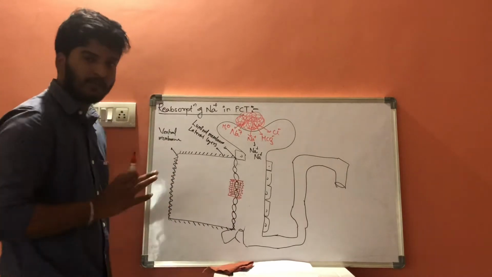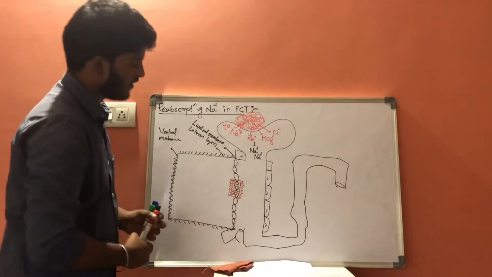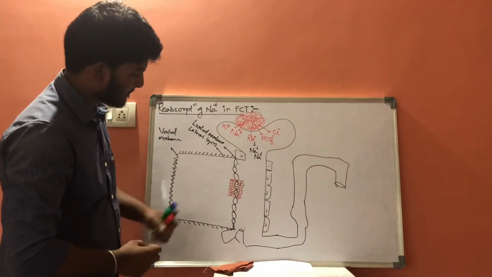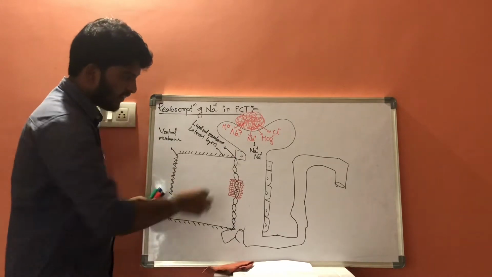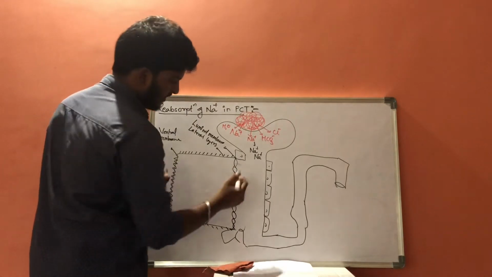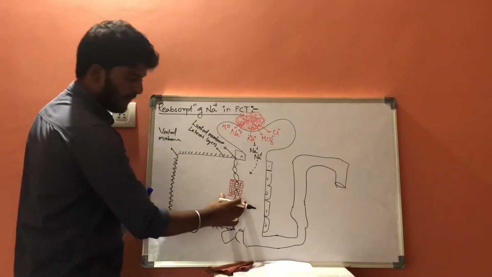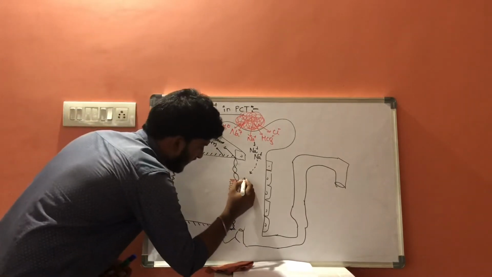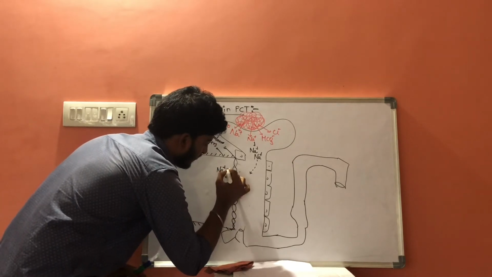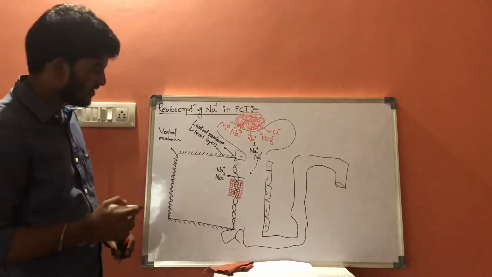Let us consider this is one protein which is present on the surface of luminal membrane. Whatever sodium is coming toward the downside of this PCT will come to this side. The function of this enzyme is it will take the sodium ions inside.